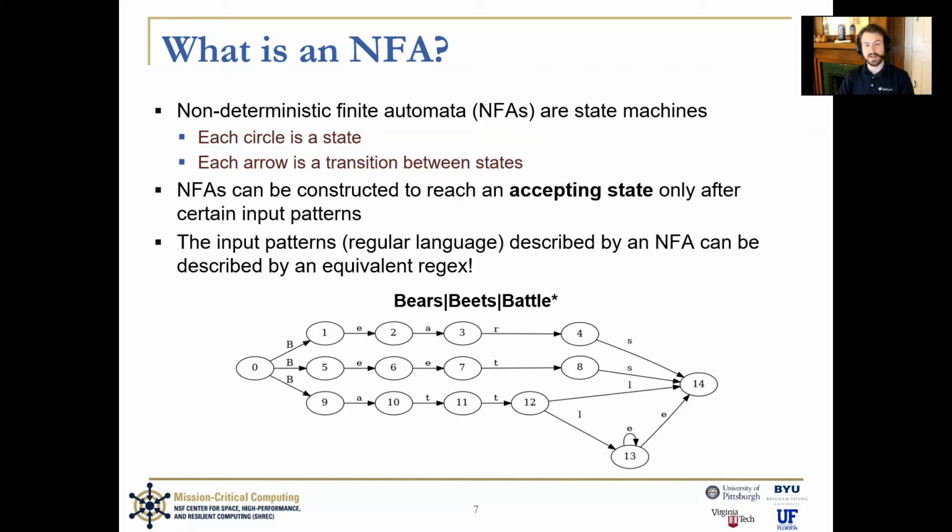The input patterns, also known as a regular language, described by an NFA can also be described by an equivalent regular expression. Here we show a regular expression in bold and the equivalent NFA, which accepts the same input character patterns as the regex there.